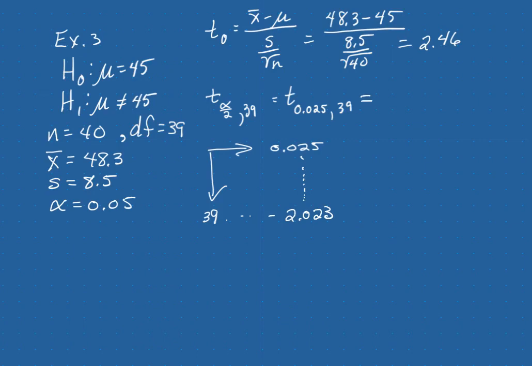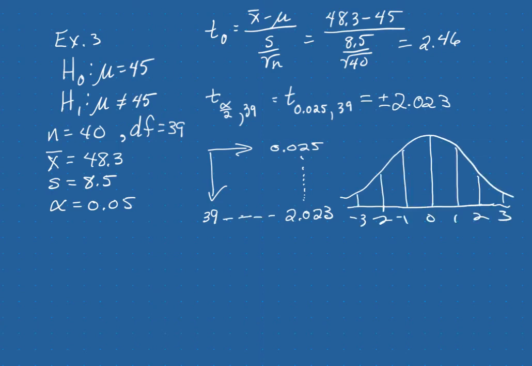So I have my test value and I have my critical value. Now this is a two-tailed test, so I actually have plus or minus that value. So let's put it on a t-distribution. The critical values are negative 2.02, so that's close here, very close, and beyond.